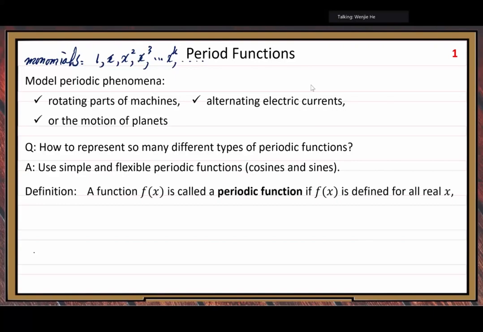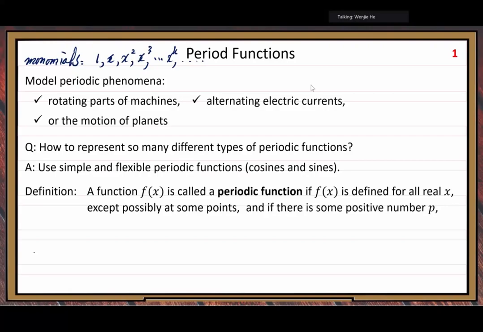A function f of x is called a periodic function if f of x is defined for all real x except possibly at some points, special breaking points, and if there is some positive number p, called a period of f of x, such that f of x plus p equals f of x. So you add this period number, shift, and you get the same value.